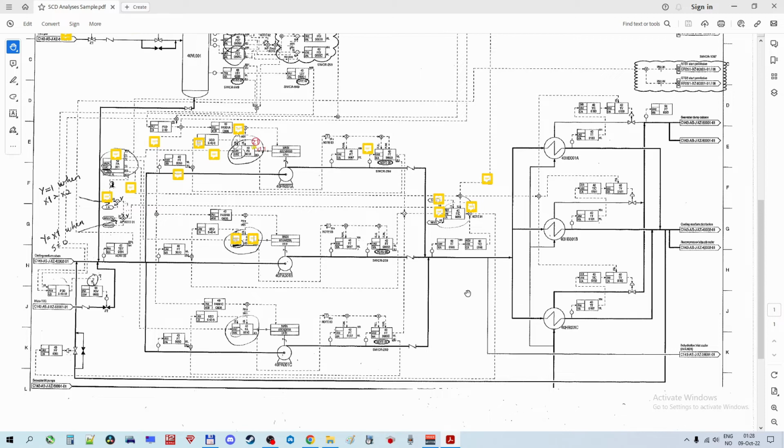One thing to mention here, as you see, each pump arrangement is exactly the same, and the reason there are 3 pumps is that the system is a so-called 3 times 50% system. So it's often meant to be run with 2 pumps at the same time to get 100% capacity.